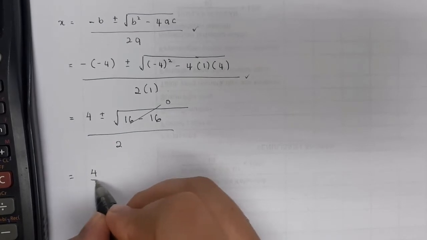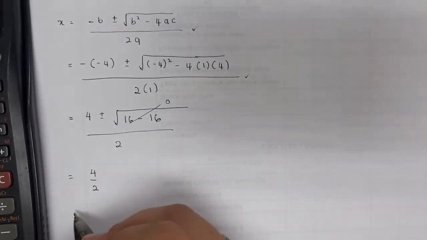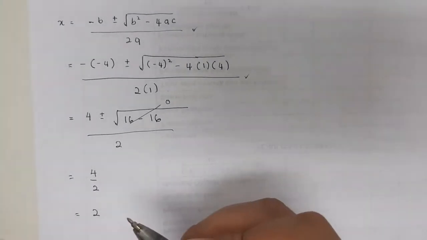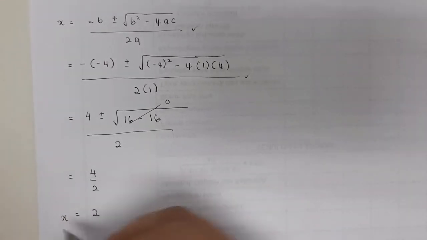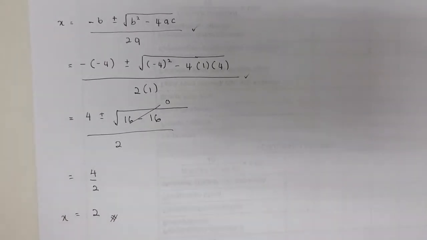So 4 over 2 equal 2. Our final answer is x equal 2.